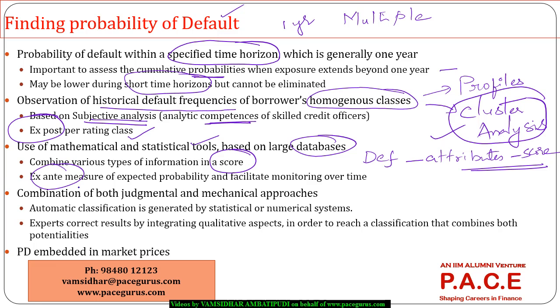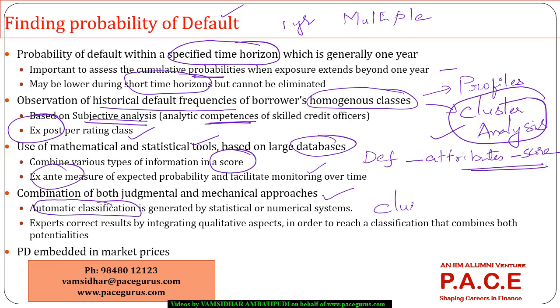So this is an ex ante measure, so it can facilitate the monitoring over time. This formula can keep changing over time, and based on that, the assessment of the probability of default for each of the customers or for each of the classes at each of the time intervals can very well be computed. And in some cases it could be a combination of both judgmental and mechanical. So there is a mathematical and statistical approach as well as a judgmental approach. When we are talking about the classification, it is automatic.